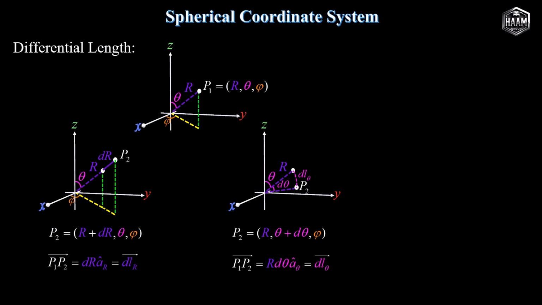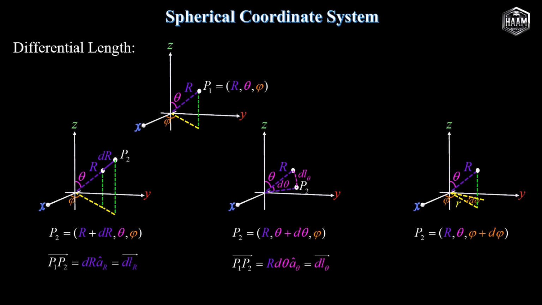Now, for dl sub phi, we change phi by an amount d phi by holding capital R and theta constant. In this case, little r, the distance from the axis, also remains constant.